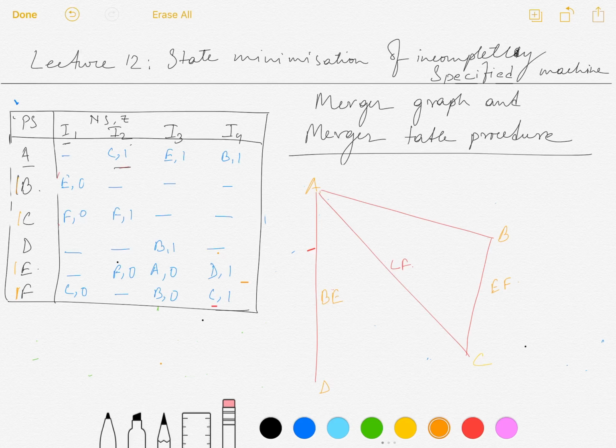Now, let us consider BD. For BD, I1 output is same, I2 output is same, I3 output is same and I4 output is same. So, BD is compatible and it does not contain any implied pair.